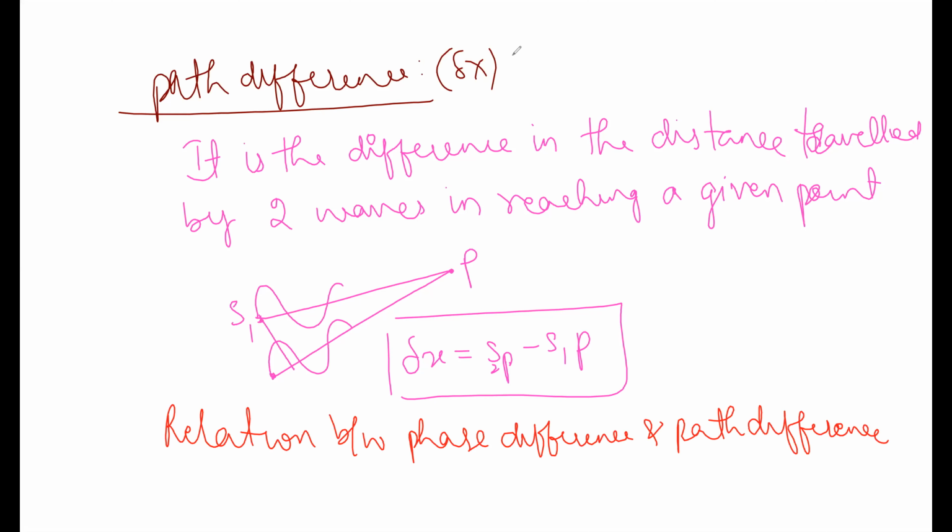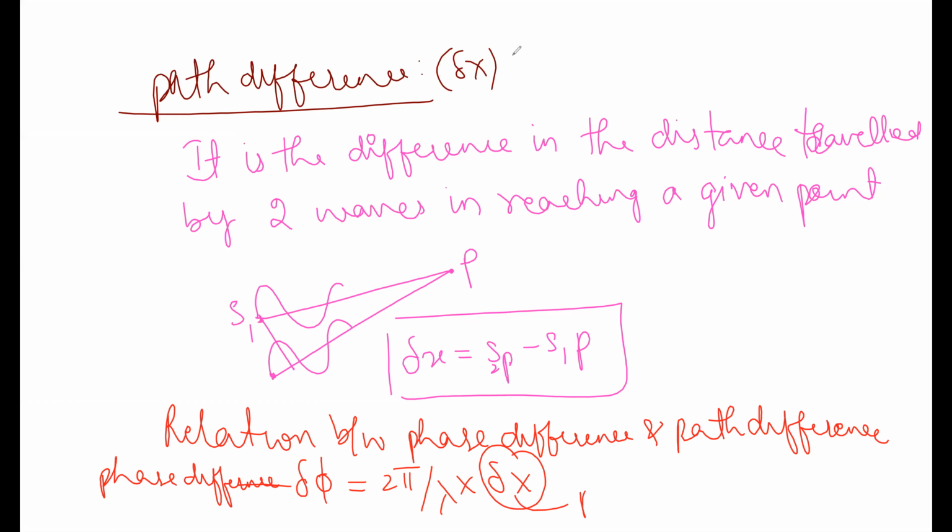We already know that delta phi is equal to 2 pi by lambda into delta x, where delta phi is the phase difference, delta x is nothing but path difference, and lambda is the wavelength.